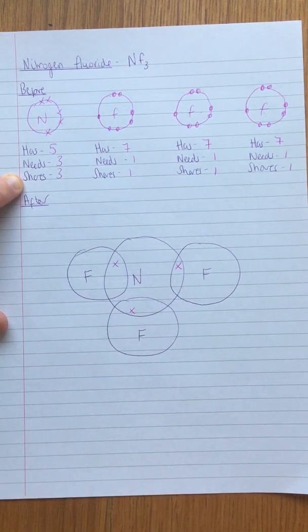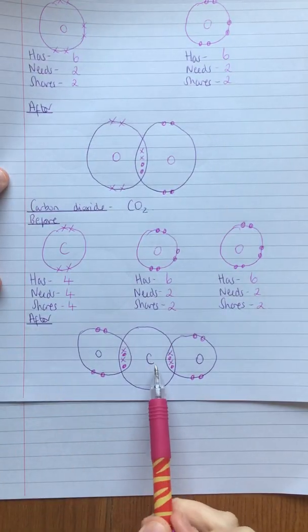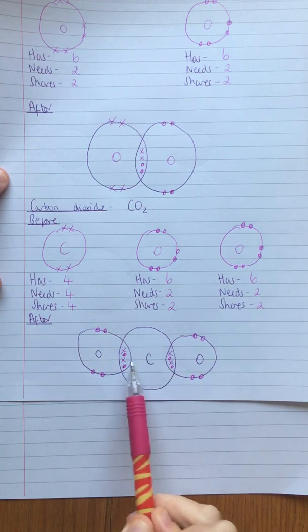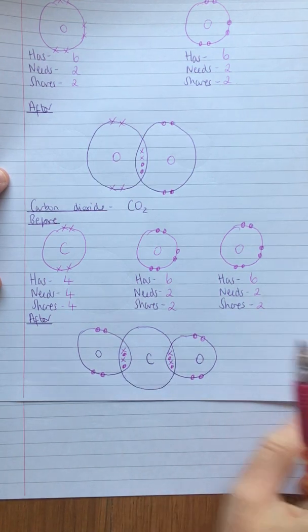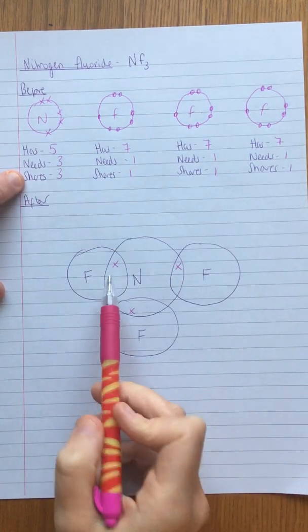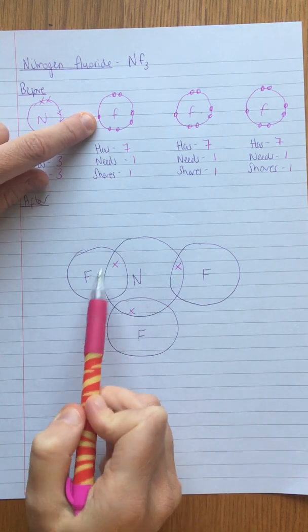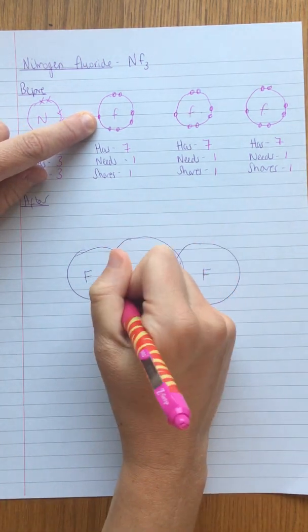So with carbon, it needed 4, so we needed to split it between the 2. When we had this one here, it needed 4, so we put 2 in each. Here it's 3, and we've got 3 overlaps. Right, this fluorine here has 7, needs 1, shares 1, so it's going to put 1 in the overlap.